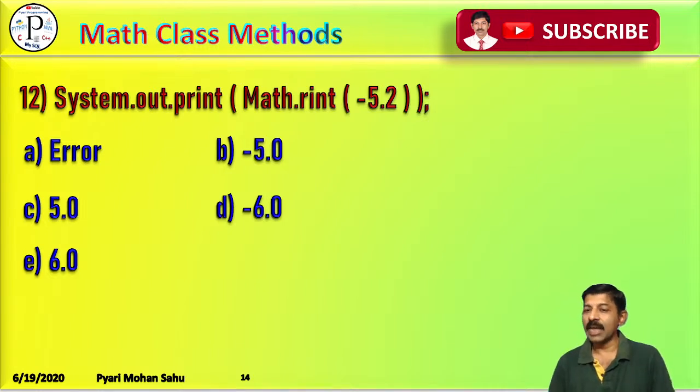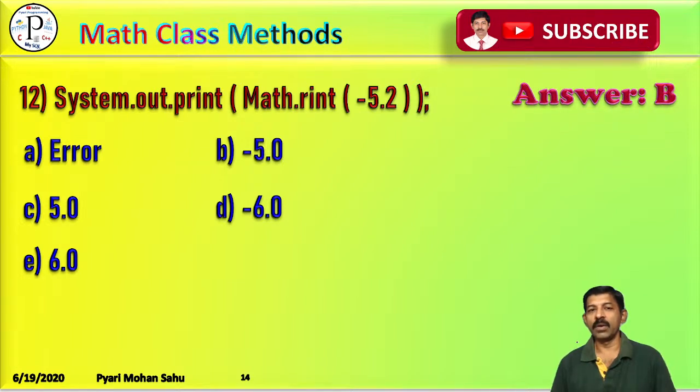Because it says that for same or below 5, it will return the integral part, where the integral part is minus 5. That's why it will return minus 5, though its return type is double, that's why its value is minus 5.0. Hope I'm clear to everyone. Already given the answer. Integer part of the parameter. Good. Fractional part is less than 0.5.